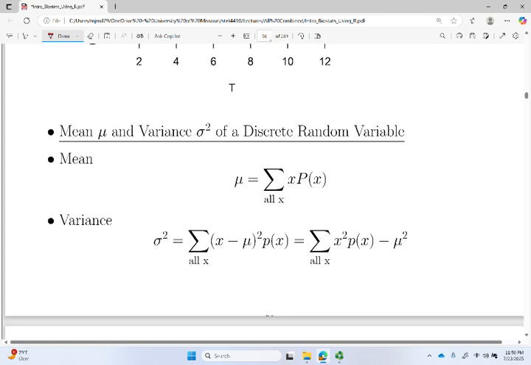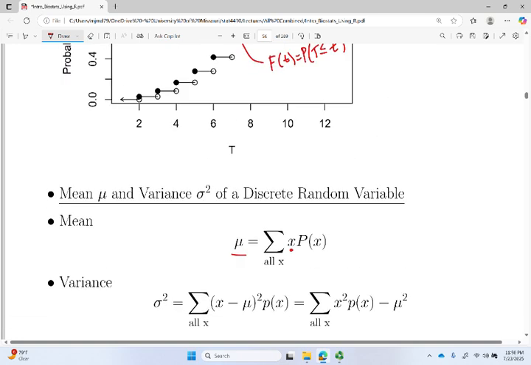The mean of a population is: you take the values that it can assume. In this example, little x represents 2, 3, 4, all the way to 12. Then this is the probability associated with obtaining that value. Those are summed, and that's the population mean.